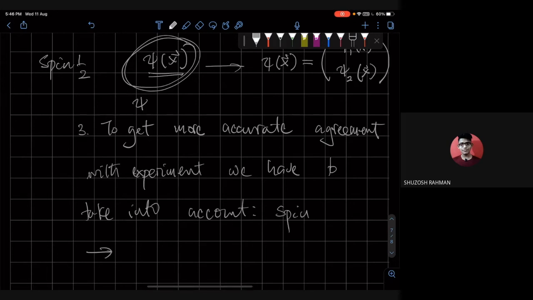In general, in principle, we have to take into account spin orbit coupling.